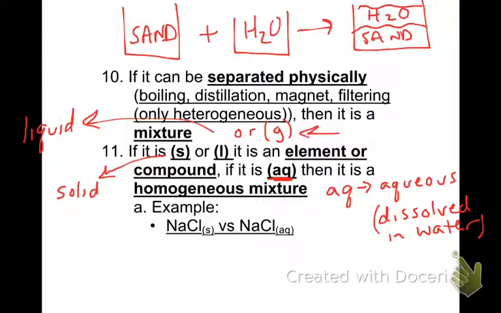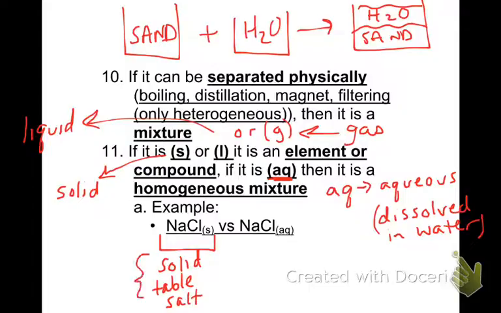And G is, of course, talking about something in the gaseous phase. So if you see something like that, for example, here we have NaCl(s), that's talking about solid table salt. So that's going to be a compound. It's a compound because it's got two capital letters.